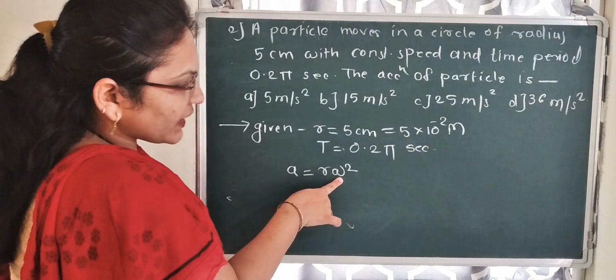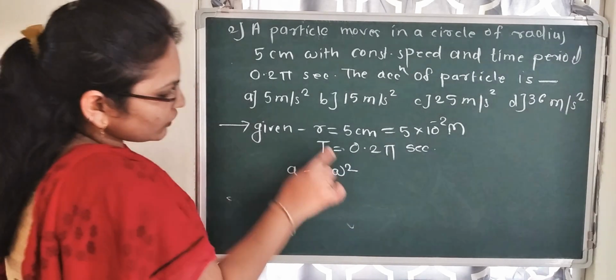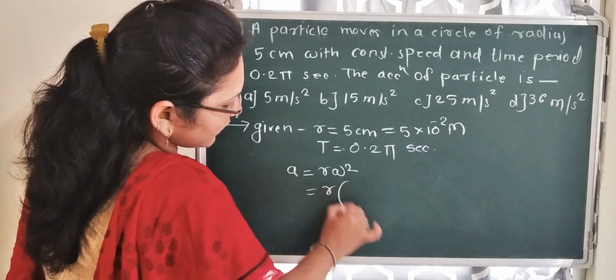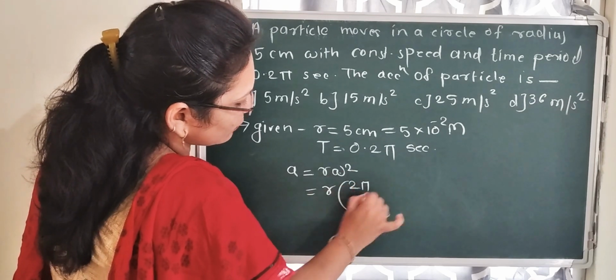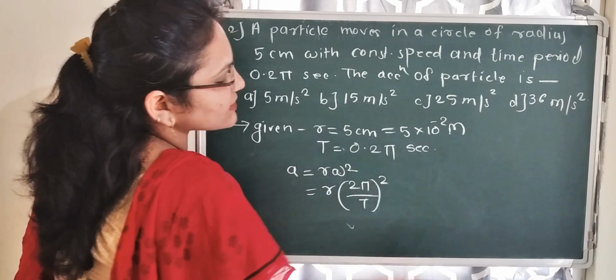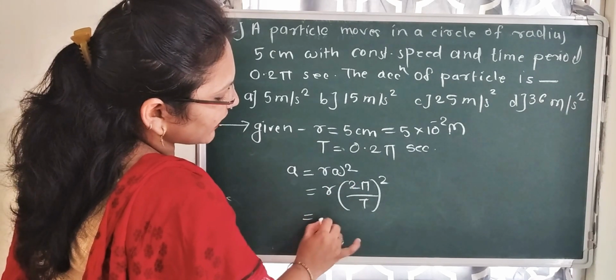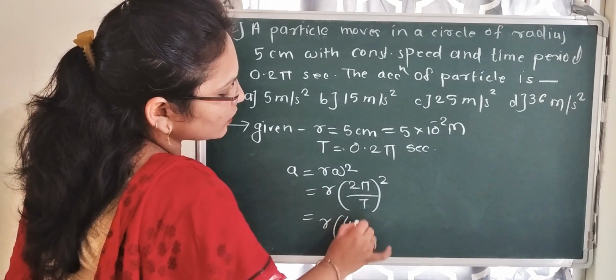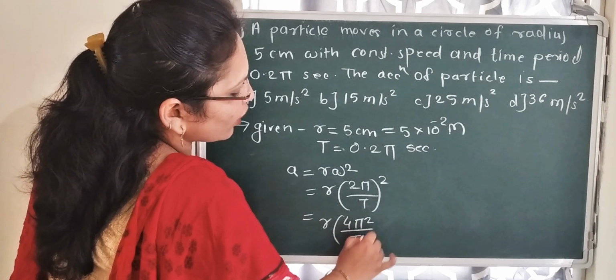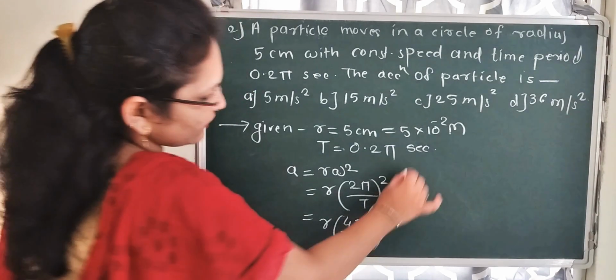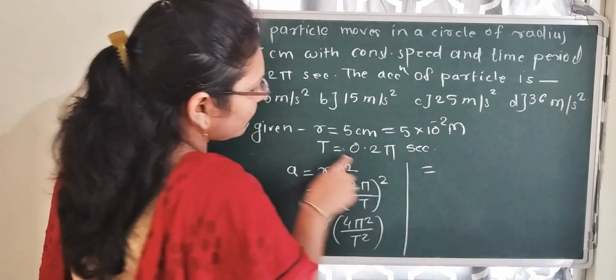In place of omega, we have T. So we can put r into omega, that is 2 pi upon T, bracket square. Here omega is 2 pi upon T. Then we get r into 4 pi square upon T square.